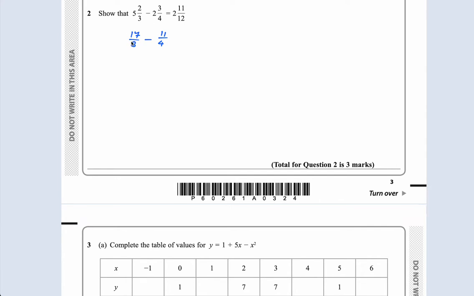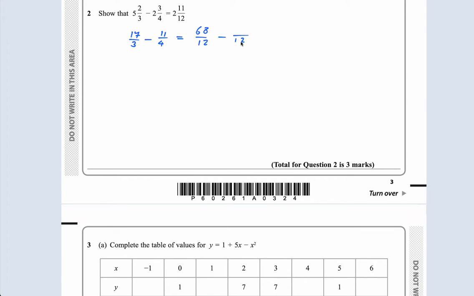This minus this is the same as this minus this. Then we need a common denominator. We will choose twelfths. So many twelfths minus so many twelfths. 3 times 4 is 12. 17 times 4 is 68. Use your calculator, guys, if you don't know how to do that.